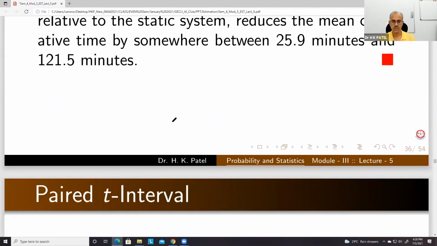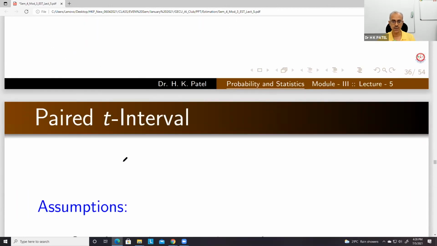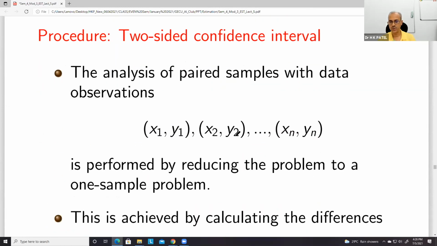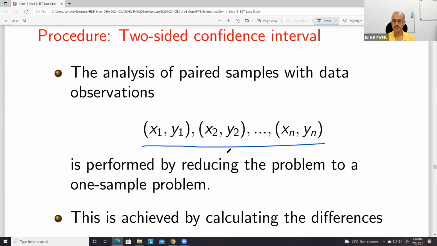So now the last case is a paired T interval. As I said earlier, in this case we have a pair of elements. For example, as we saw in this lecture in the beginning, if you take say 30-40 students and measure their height and weight, then you can find this pair of elements, right?